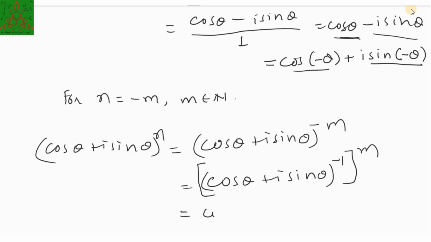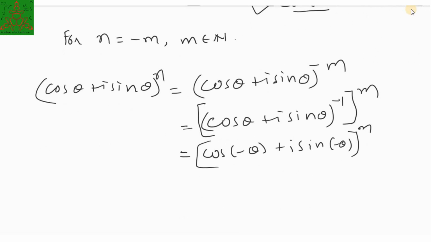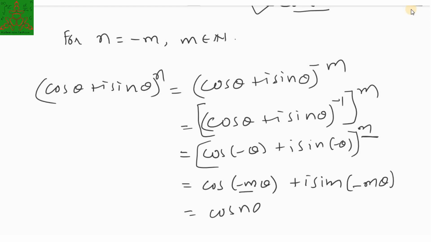So this gives you (cos of minus theta plus i sin of minus theta) whole power m, due to the result we have proved. And De Moivre's formula gives cos of minus m theta plus i sin of minus m theta, because m is a natural number. And minus m is nothing but n, so that is cos n theta plus i sin n theta. So if you have a negative integer, this result is true.